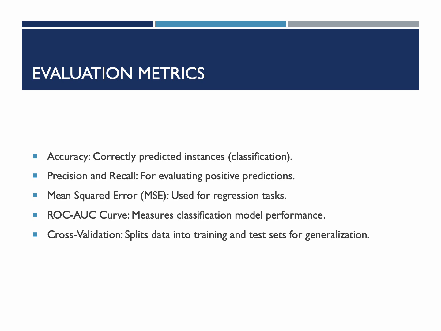It is particularly useful in situations where false positives have a high cost, such as in fraud detection. Then recall. Recall measures how many actual positive instances were correctly identified by the model. It is useful in situations where missing a positive instance is costly, like in medical diagnosis.